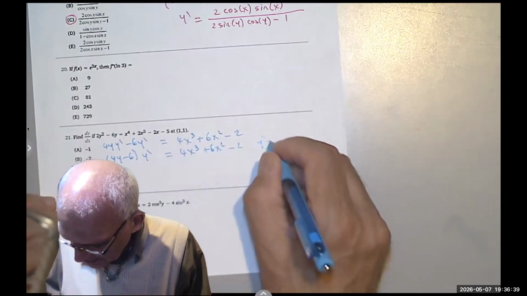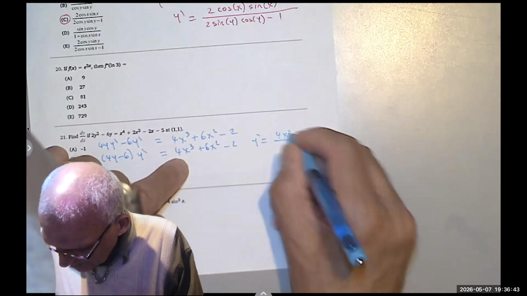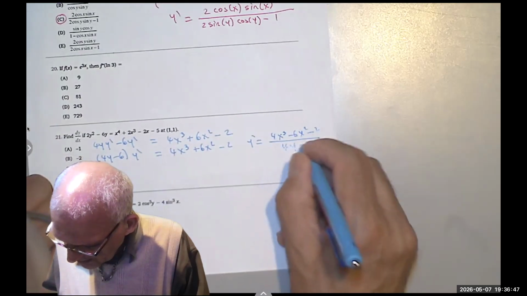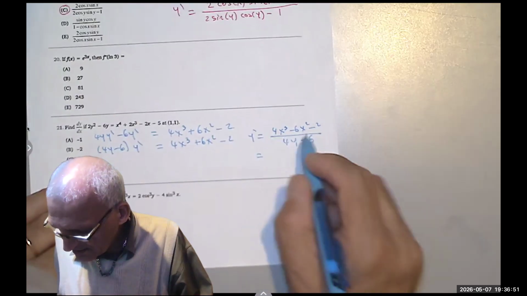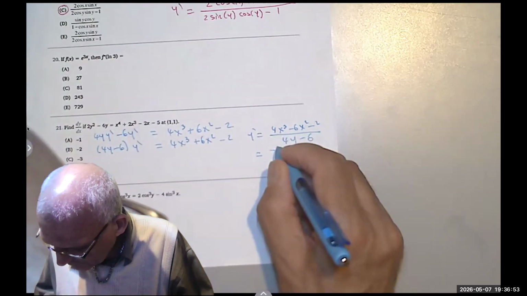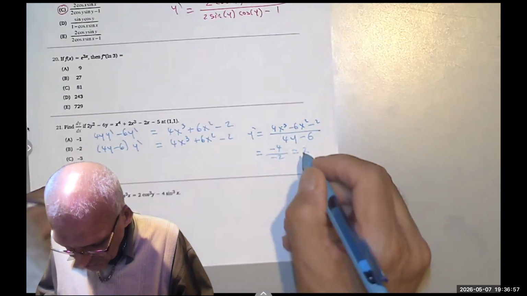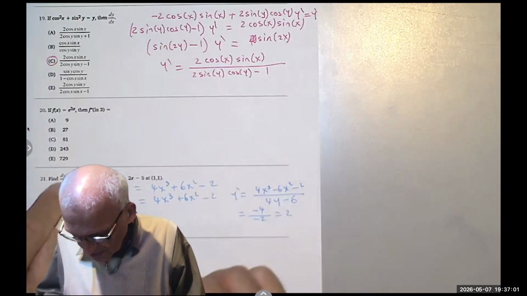So y prime equals 4x cubed minus 6x squared minus 2 over 4y minus 6. Everything is 1, so you get 4 minus 6 minus 2 is negative 4, and 4 minus 6 is negative 2, so you get positive 2, and there is no answer positive 2, so I must have done something wrong again.